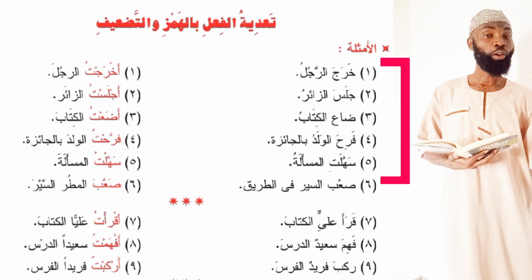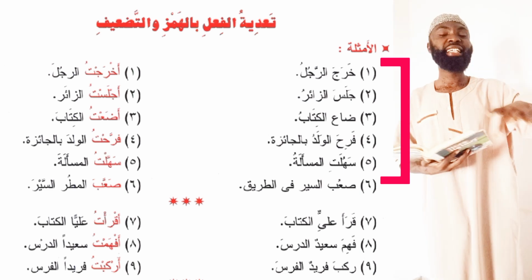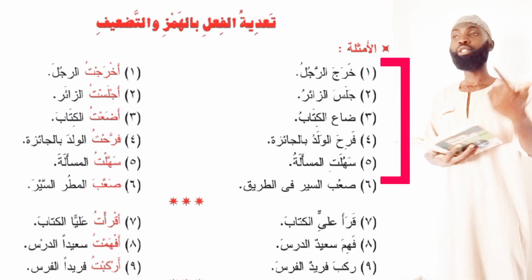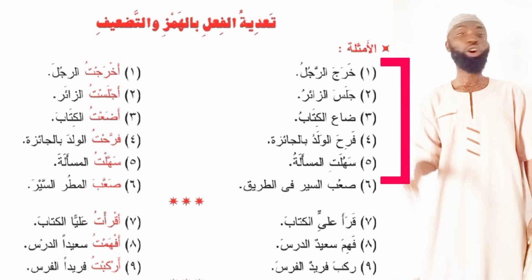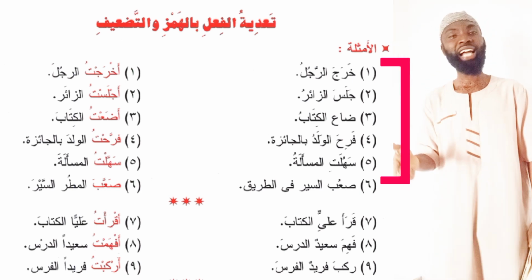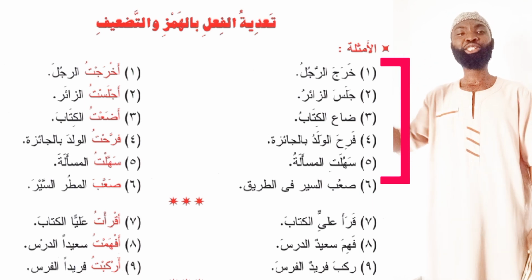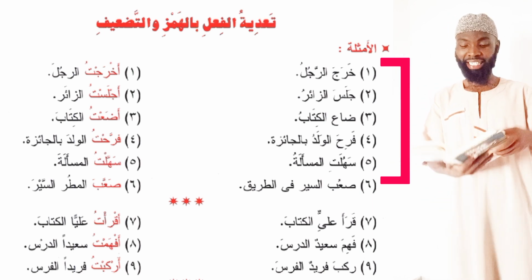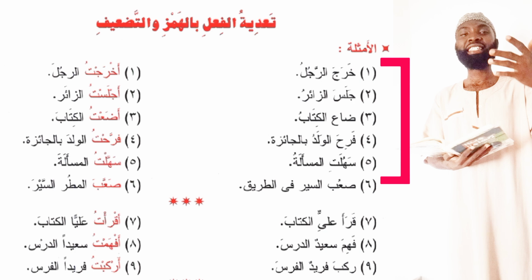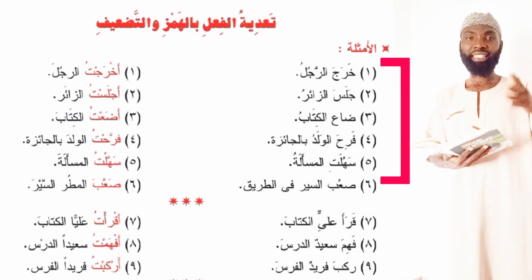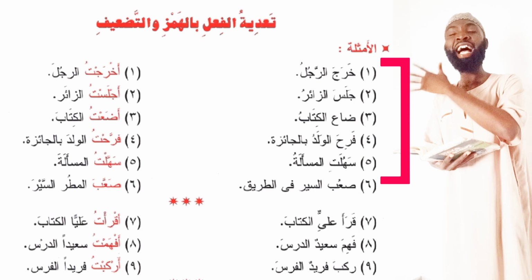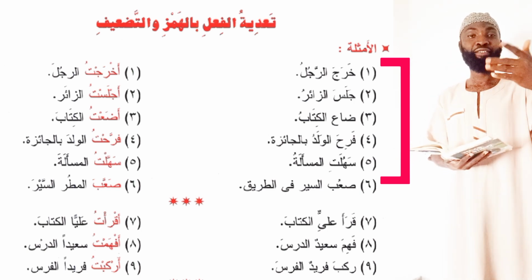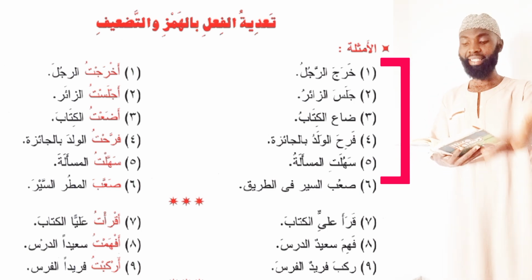Kharaja, he went by himself. So the word kharaja is an intransitive verb, al-fi'l al-lazim. To make it transitive and requiring an object, I simply added hamza and it becomes akhrajtu. Are we following? The second example says jalasa az-zairu, the visitor sat down. Then we have ajlastu az-zaira, I sat the visitor, meaning I made him sit.